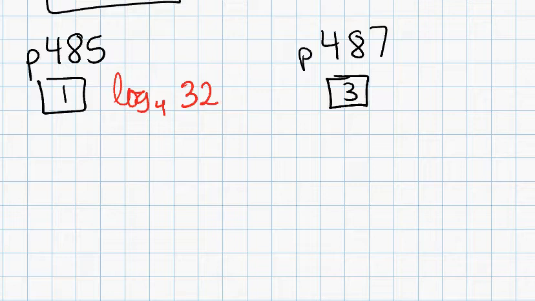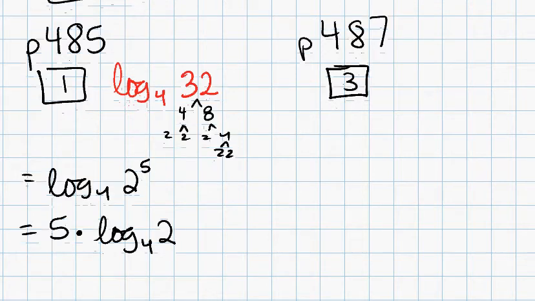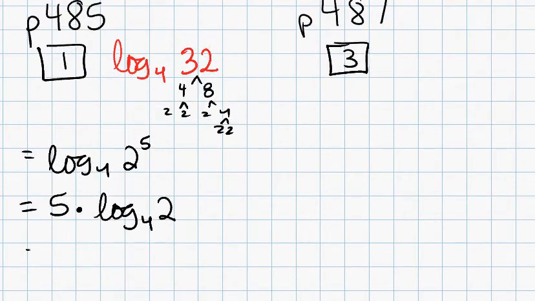So let's divide by 2 instead. And this is 4 and 8, 2 and 2, 2 and 4, 2 and 2, log base 4 of 2 to the 5th. So it's 5 times log base 4 of 2. And I believe the book gave you log base 4 of 2. So this is 5 times 0.5, which is 2.5.